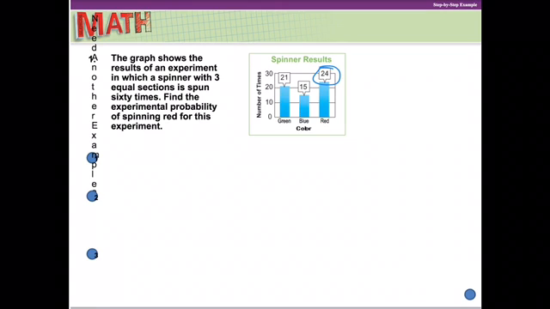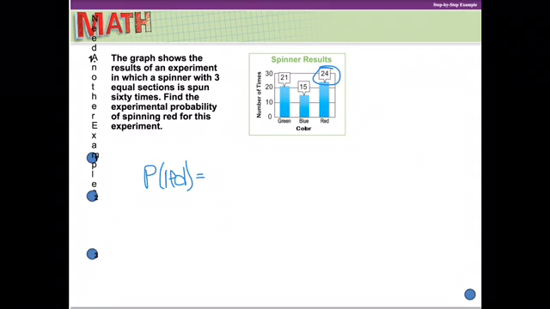Now, we want the probability of red, so I'm just going to write P of red, because remember that's how we write out our probabilities. Now, what we always have in the numerator is the number of favorable outcomes. So that's what we are trying to find the probability of, which is red.